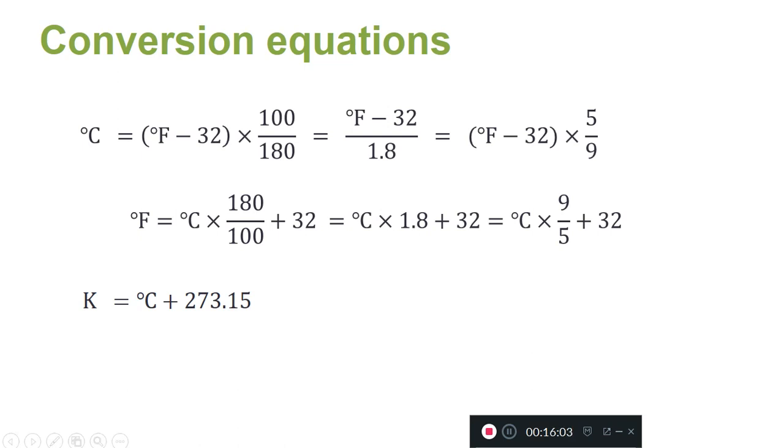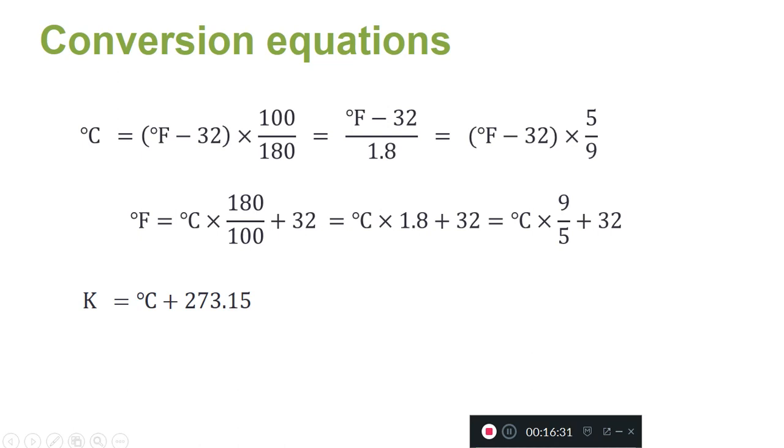In the case of going from Celsius to Fahrenheit, I want to first rescale it, and then I want to add the 32 to get the difference in temperature between freezing points of water. So in this case, the scaling is 180 degrees Fahrenheit per 100 degrees Celsius, or 9 over 5, or multiplying by 1.8. They're equivalently doing the same thing.